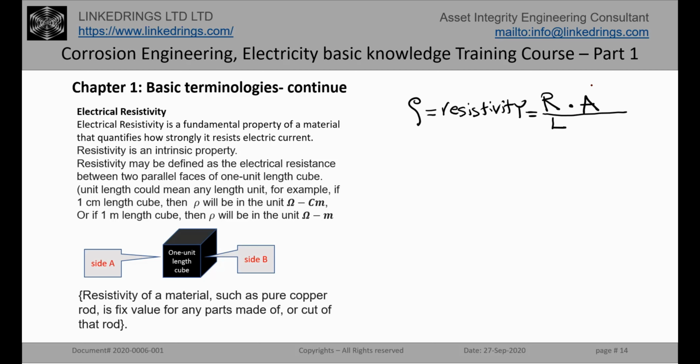If you notice here, the unit for the area is square length unit divided by length unit. So that's why finally it will be ohm meter or ohm centimeters. If you don't understand this, it's fine.